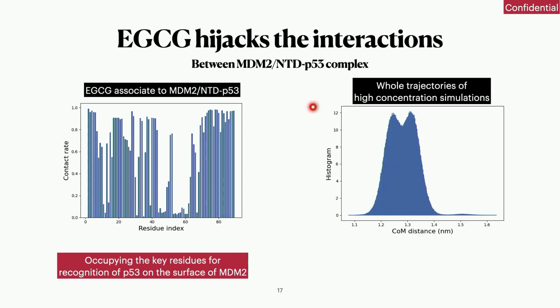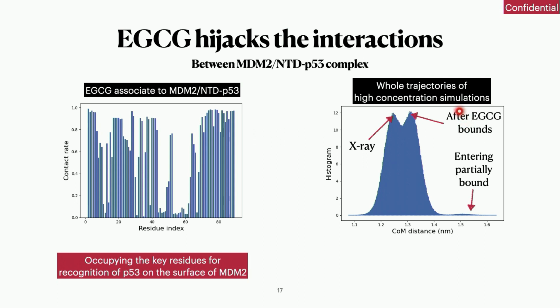And then the interesting thing is here, this is the inter-center-of-mass distance between the MDM2 protein and the p53 peptide. And previously we found, so here is the X-ray structure inter-center-of-mass distance. And here, in the simulation, after we put in EGCG and carry out the simulation, this is actually the peak after the EGCG bound.